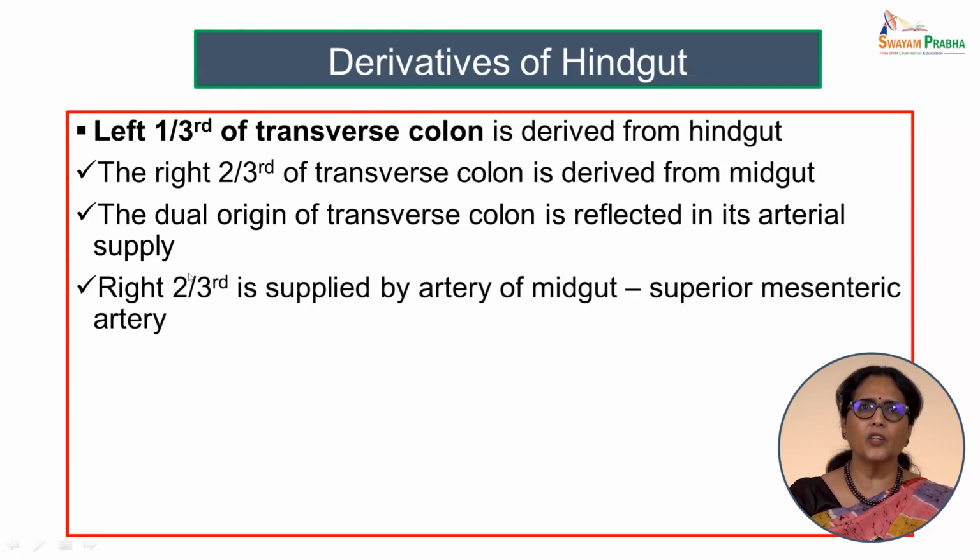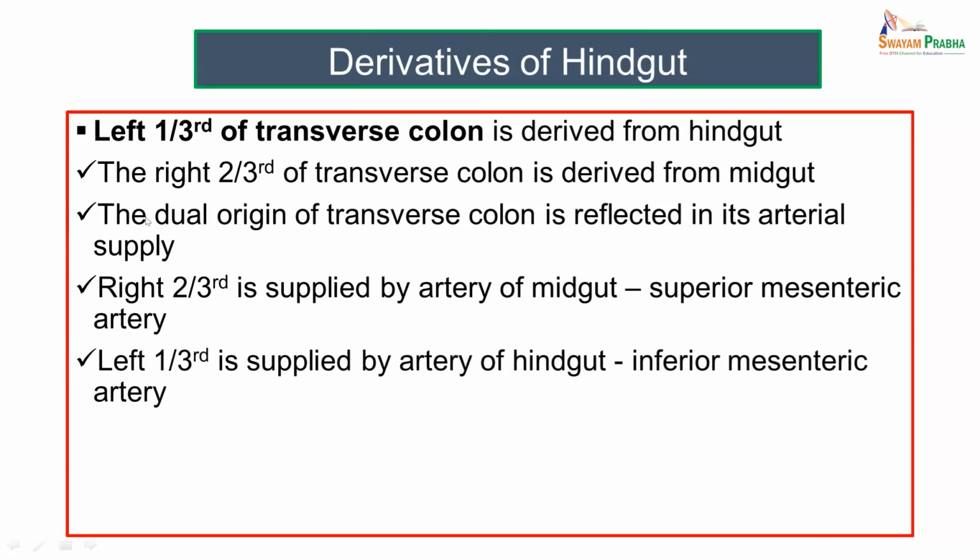The right two-thirds of the transverse colon is supplied by the artery of midgut because it develops from the midgut, and the artery is superior mesenteric artery. While the left one-third of transverse colon is derived from hindgut and is supplied by the artery of hindgut, that is inferior mesenteric artery.